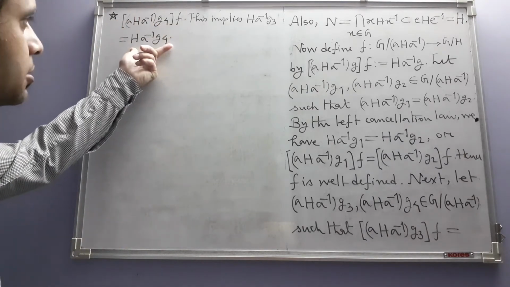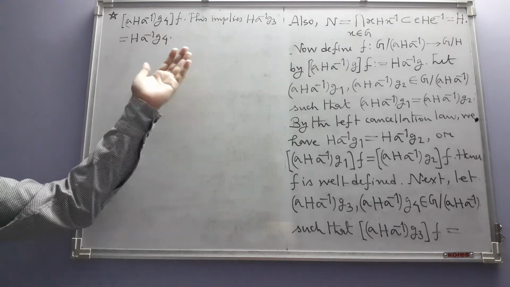This image is equal to this. Now you multiply on both sides from the left by A.